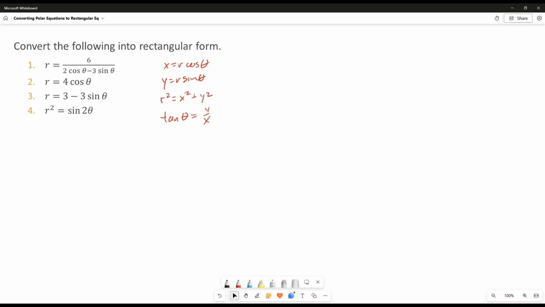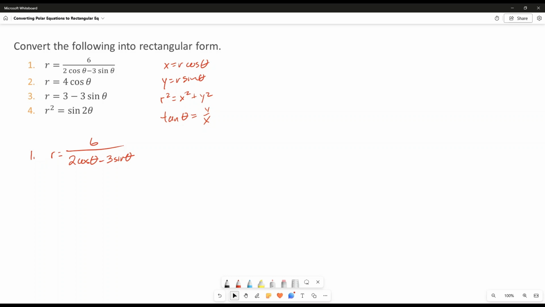So our first one is r is equal to 6 divided by the quantity 2 cosine theta minus 3 sine of theta. So this one might look kind of confusing at first. We don't like fractions sometimes, but it's actually not that hard. How do you get rid of a fraction? You multiply both sides of the equation by the denominator.